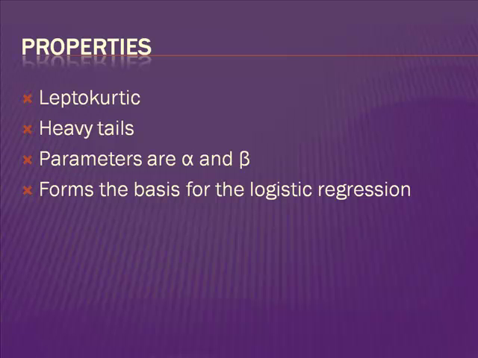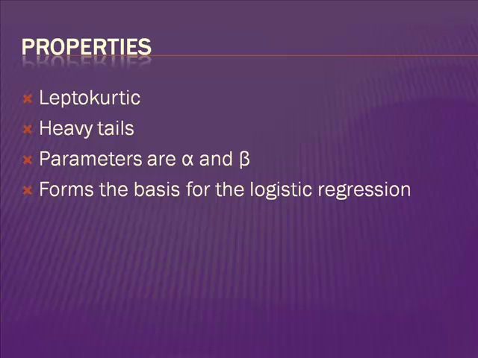This distribution forms the basis for logistic regression. So you'll learn much more about the logistic distribution when you learn about logistic regression, and you'll see those parameters alpha and beta used in logistic regression.